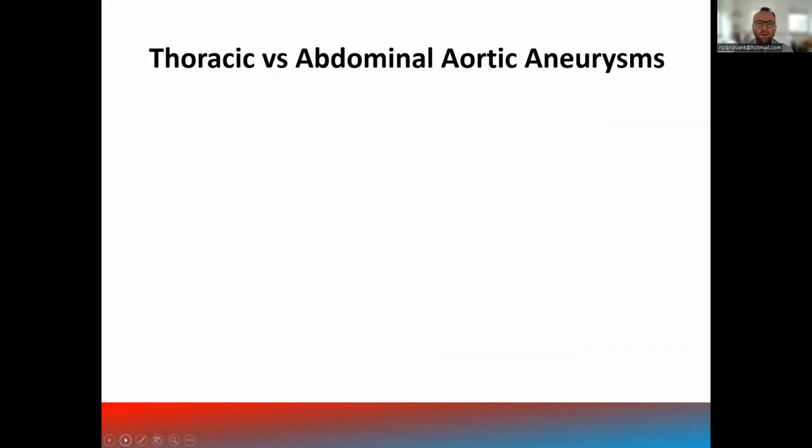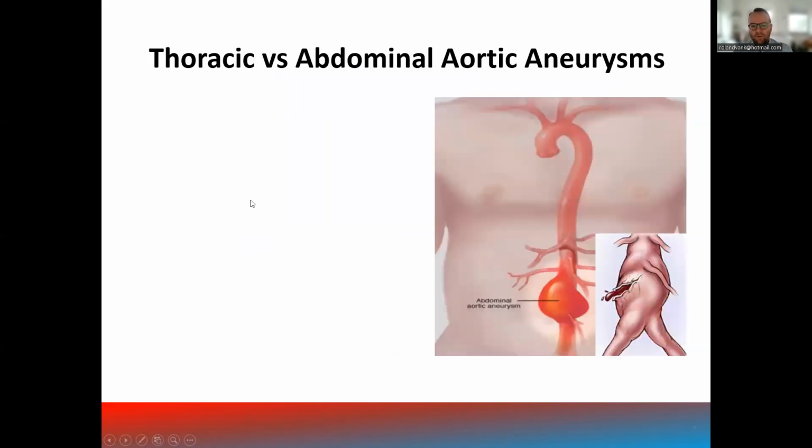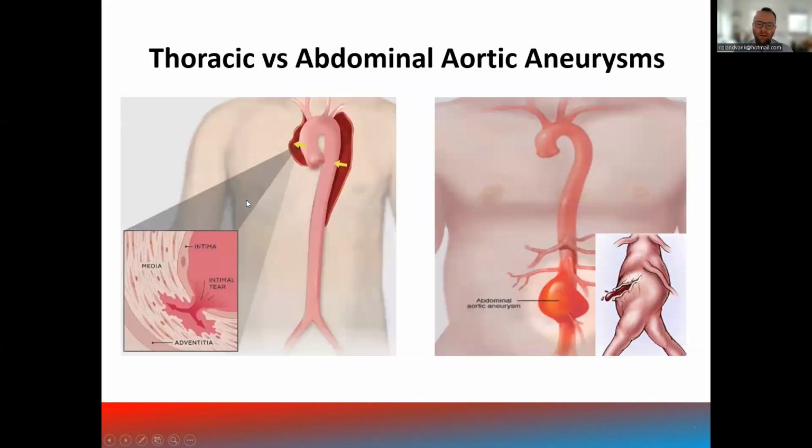There's a difference between thoracic and abdominal aortic aneurysm because the diaphragm does not only divide the body into a thoracic and abdominal compartment, but also divides the aorta into an abdominal and a thoracic part. However, the aorta still remains one organ, but there are differences in complications of aortic disease in the two parts.